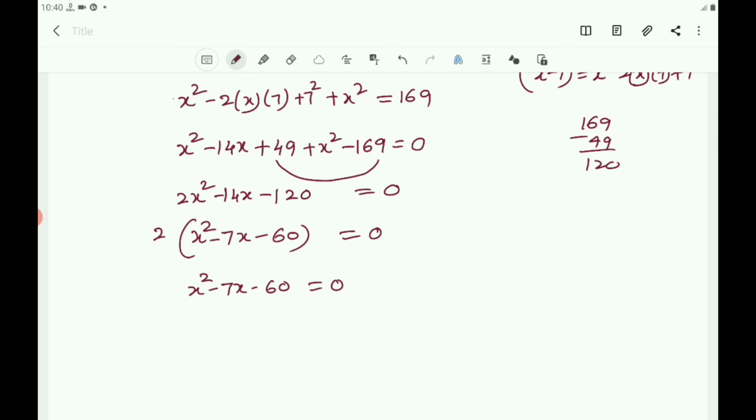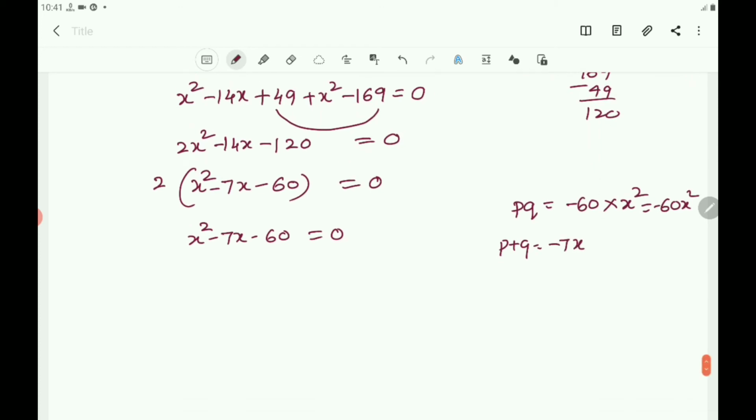Then here we have to find the sum and the product. The product of the factors is minus 60 into x square, that is minus 60x square. Then the sum is minus 7x.